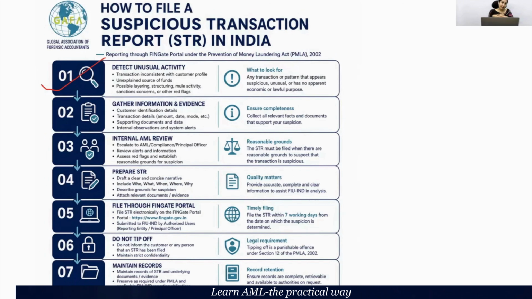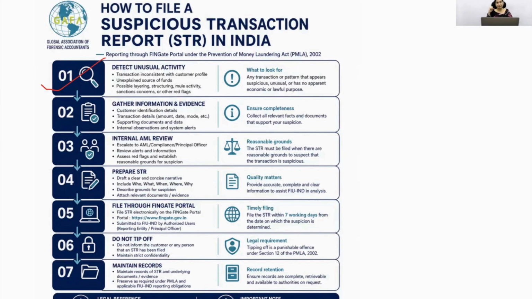When we collect that information and find it satisfactory, that it is genuine and the customer is genuinely doing this transaction, we may not proceed with SAR. We may close this investigation. However, if the internal AML review turns out to be negative, then we have to definitely go ahead.